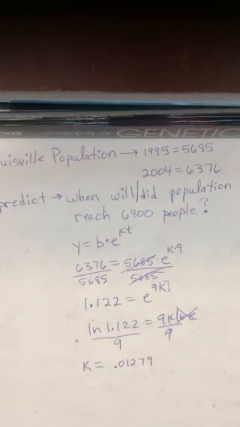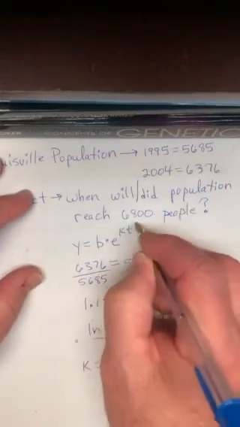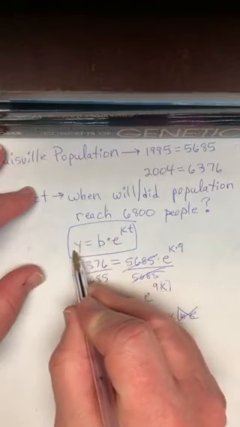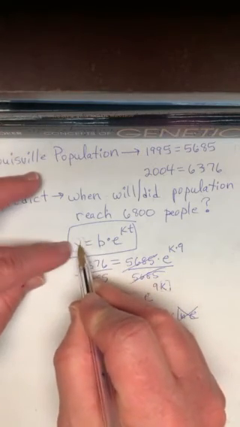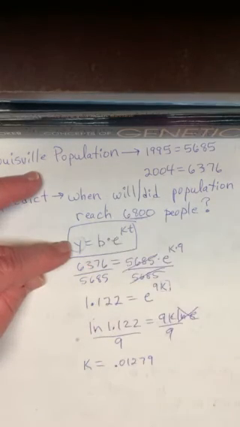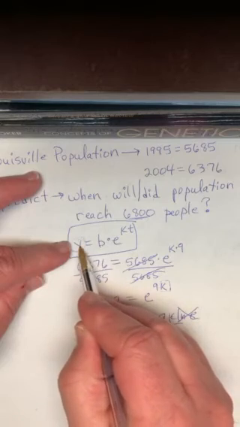Oh, so now, watch this. Going back to our formula again, the final amount of people now is what? 6,800, isn't it? When are we going to reach that many people? I want the final total of people to be 6,800 for my population.